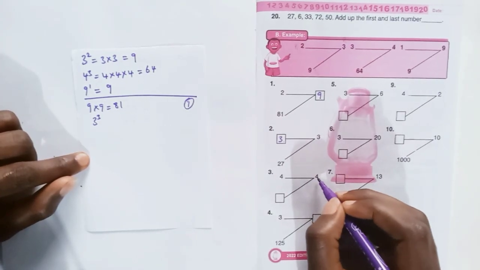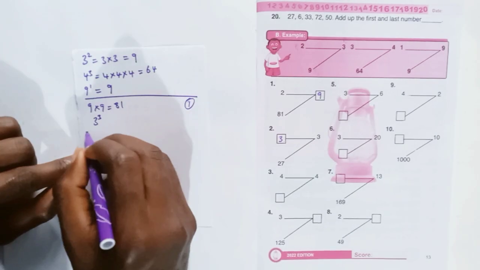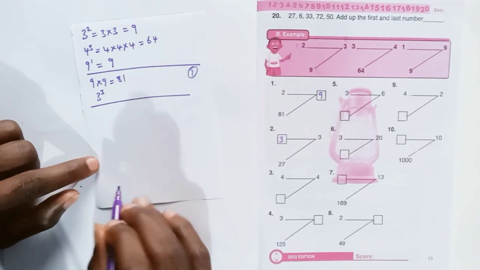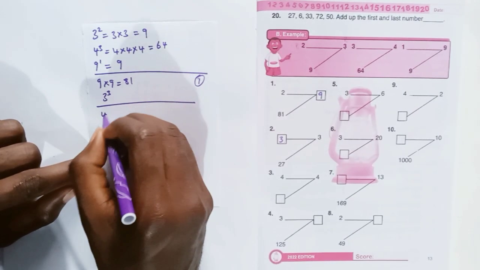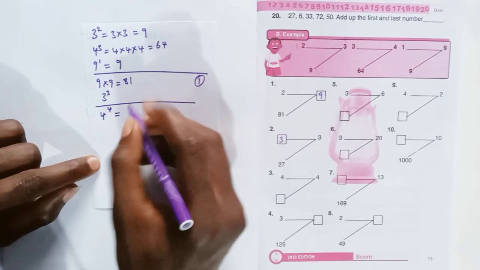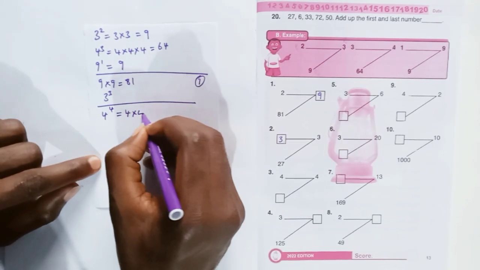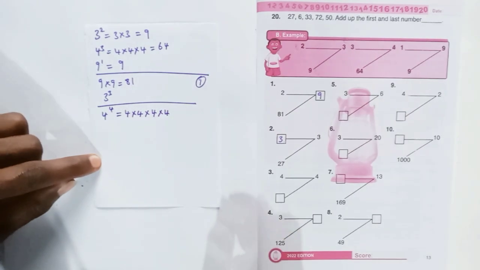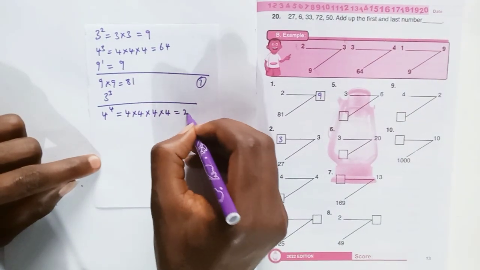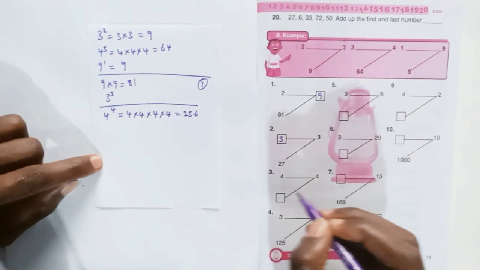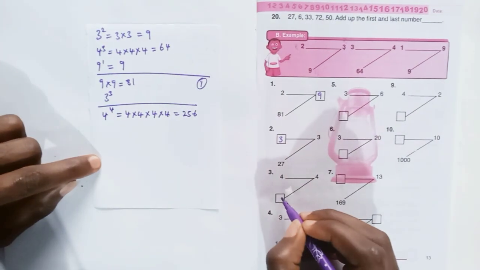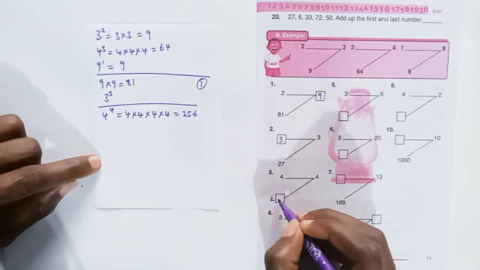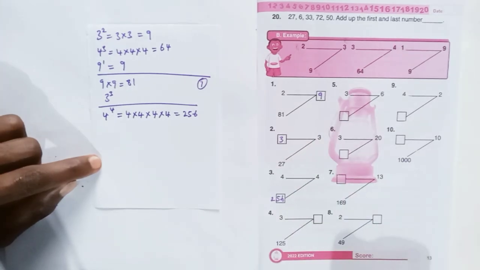Number 3 will be 4 raised to the power of 4. So 4 raised to the power of 4, which is the same thing as 4 times 4 times 4 times 4. So when you multiply that, you get 256.